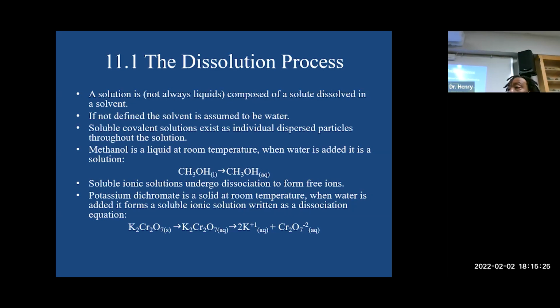Now methanol is polar, right? It has that hydrogen, it's able to form that hydrogen bond, right? And so since methanol is polar, it's going to be soluble in water. Okay. And so you don't get that clumping like you would get in the case of oil.